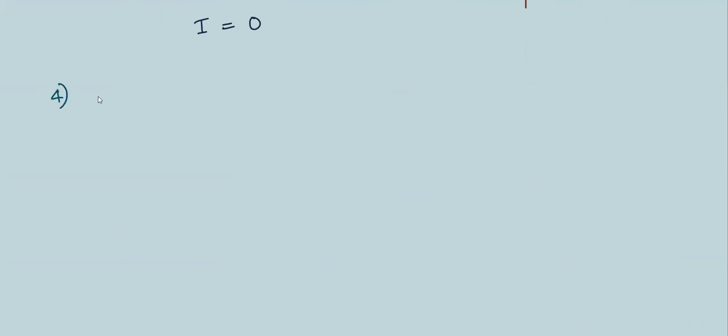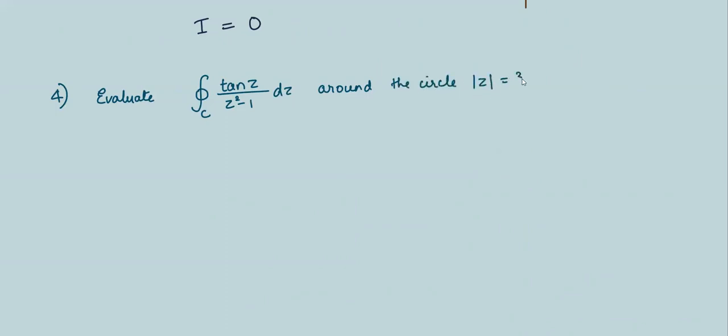Question 4. Evaluate the closed contour integral of tan z upon z square minus 1 dz around the circle mod z equal to 3 upon 2.